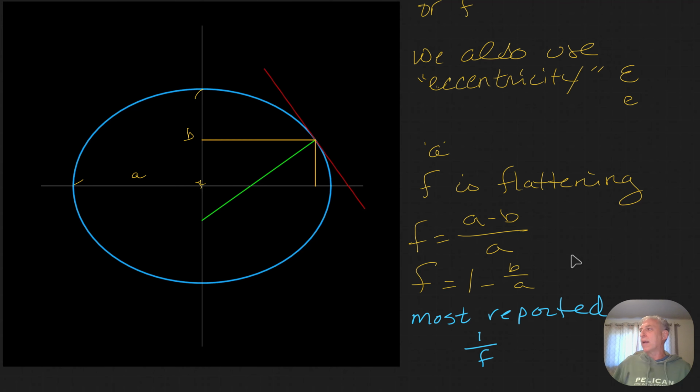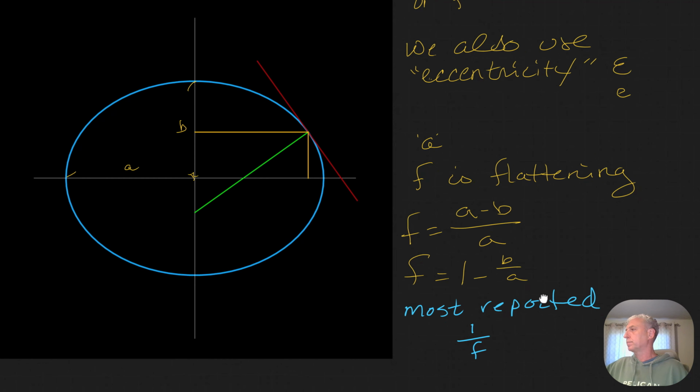So why is that? If we already have this definition of flattening, which incorporates the lengths of our semi-major and semi-minor axes, why is 1 over f used instead of just f itself? Let me pull up the diagram here.